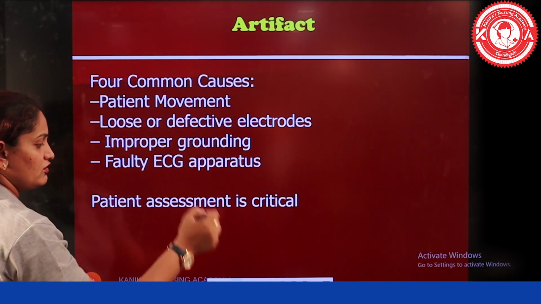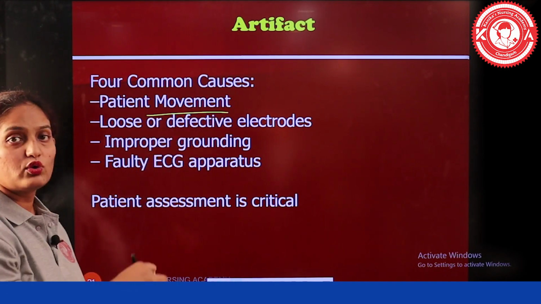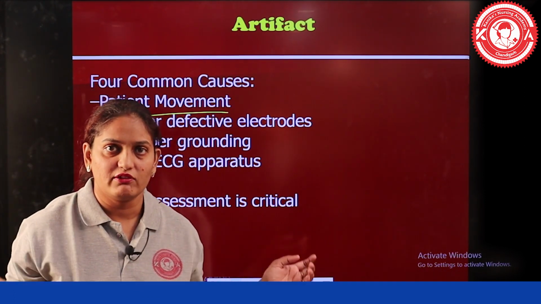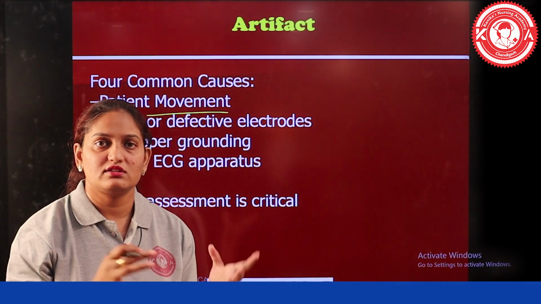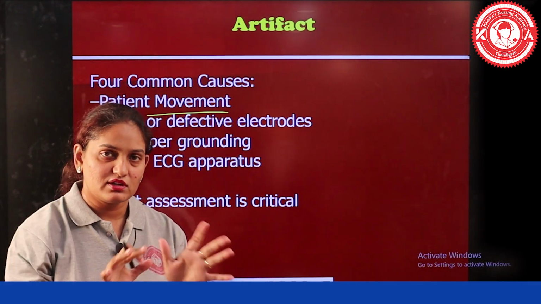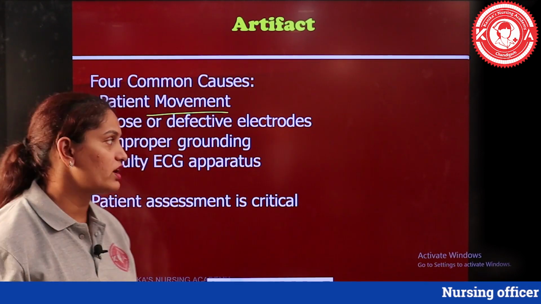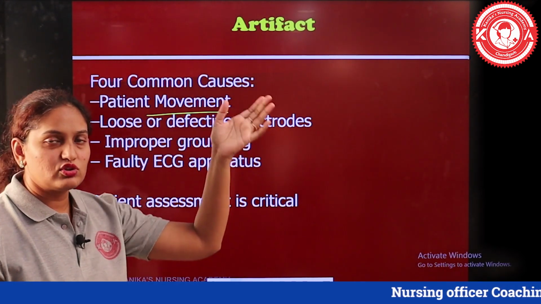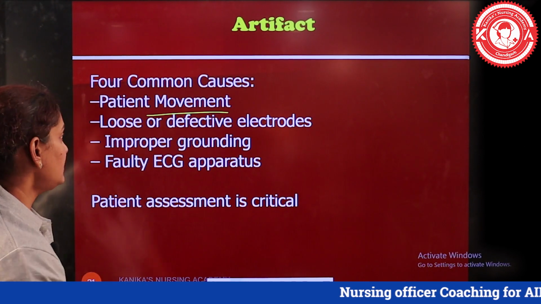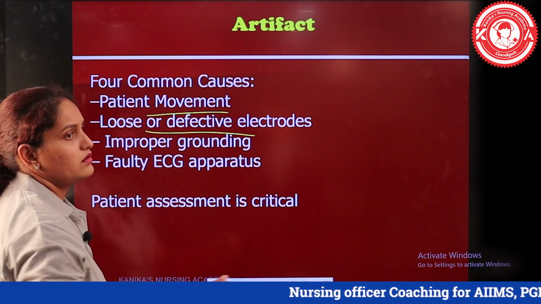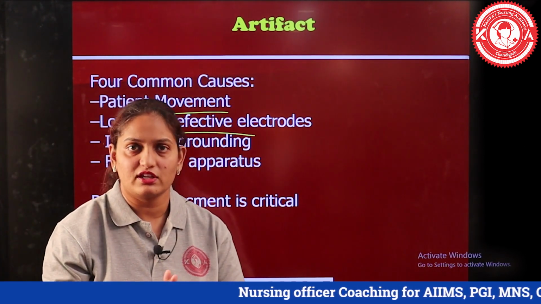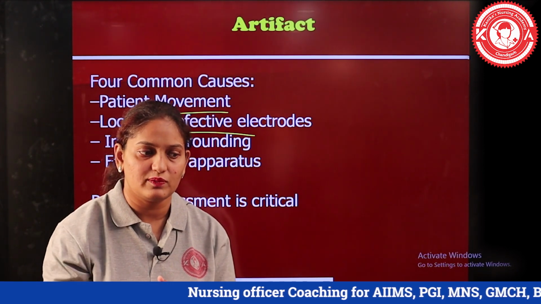when the patient is moving during the recording of the ECG. Every time we take the ECG, we always tell the patient that you must not move; you don't have to move while the ECG is being recorded. So if the patient moves, these kind of waves will be there in the ECG. Then we usually place electrodes on the chest and the extremities of the patient.